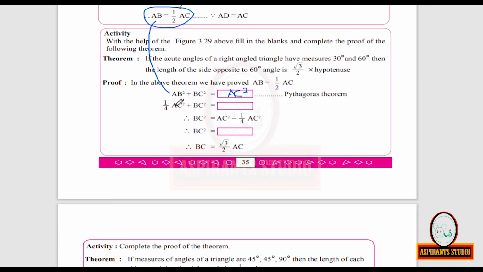So in the second box you will get 1 upon 4 AC square plus BC square is equal to AC square.